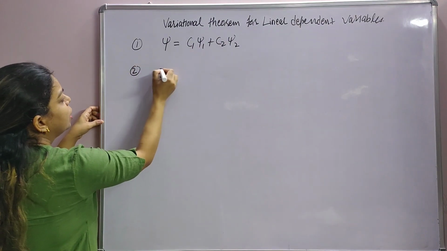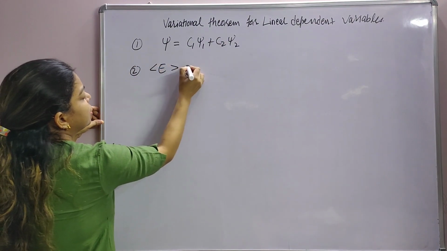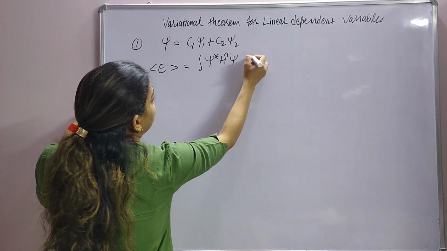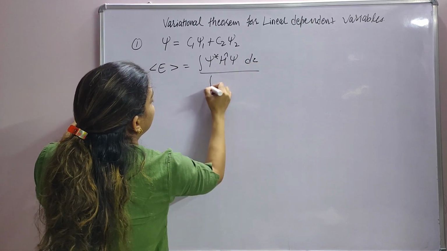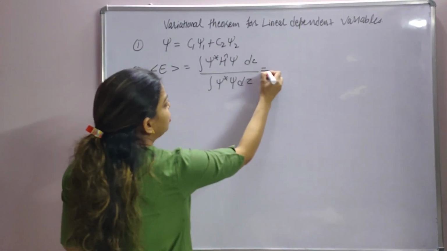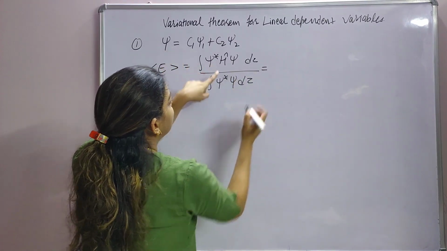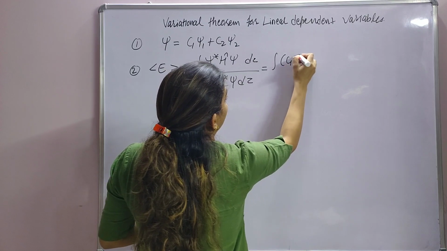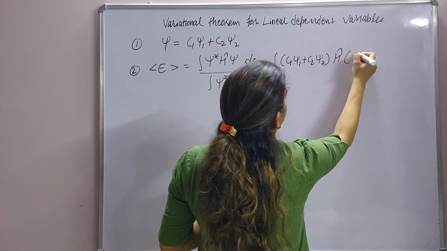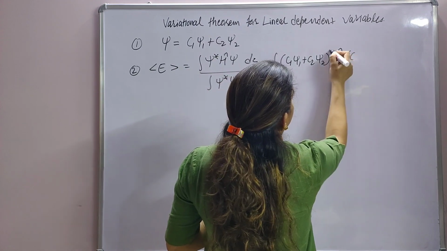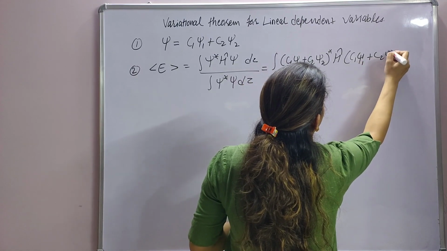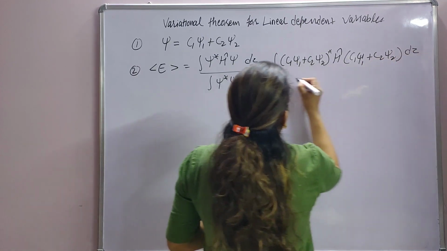The second step is to write down the expression for average energy, that is, the integral of psi star H psi d tau over the integral of psi star psi d tau. If I substitute the value of psi, I will have the integral of (C1 psi1 plus C2 psi2) H cap (C1 psi1 plus C2 psi2) d tau.